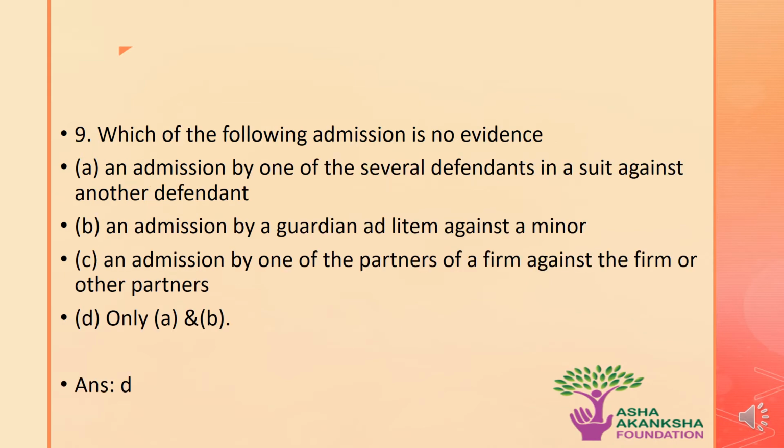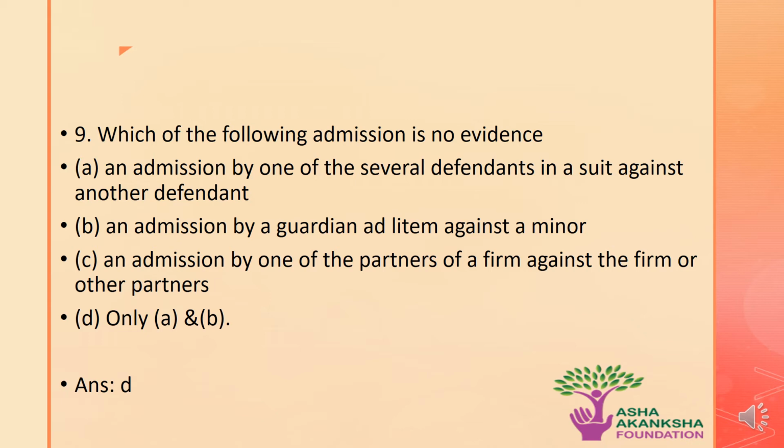Then moving on to the next question, which is, which of the following admissions is no evidence? The options are A. An admission made by one of the several defendants in a suit against another defendant. B. An admission by guardian ad litem against a minor. C. An admission by one of the partners of a firm against the firm or other partners.